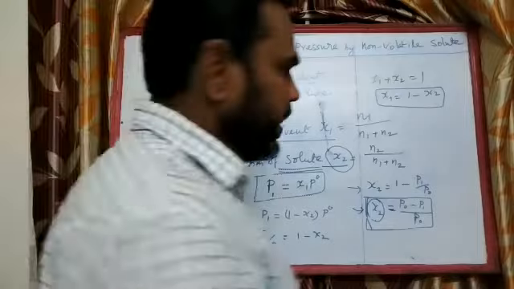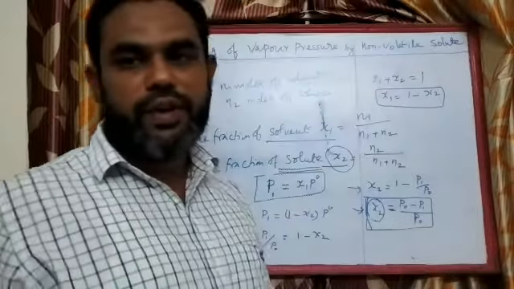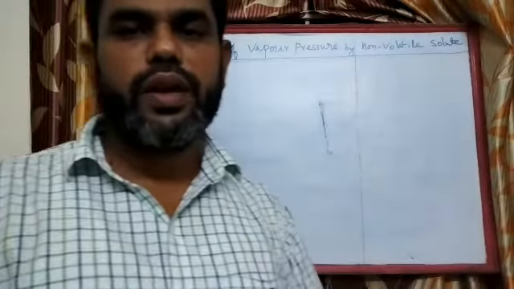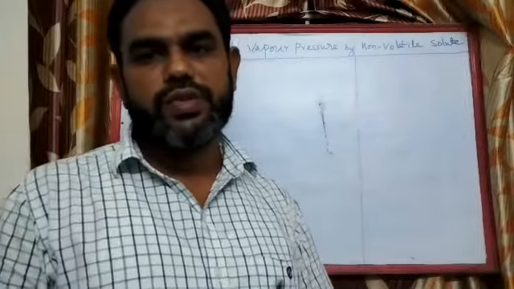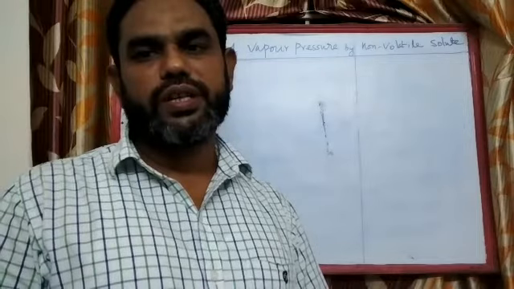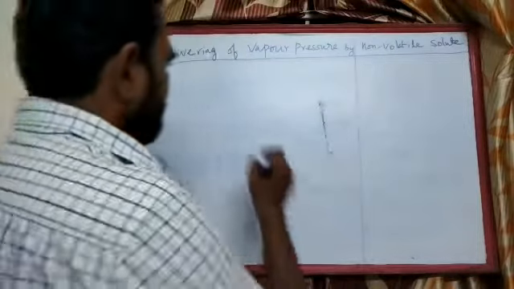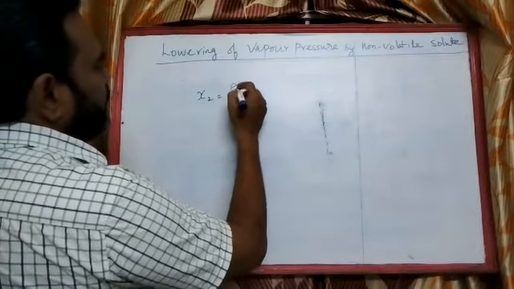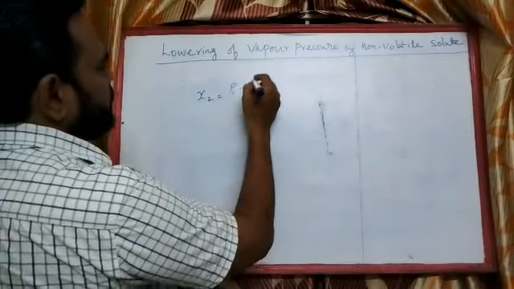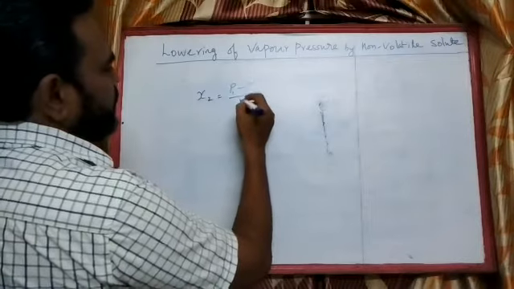So how to calculate the molecular weight of a non-volatile solute which is added into a solution? We know that x2 is equal to (P0 minus P1) divided by P0.